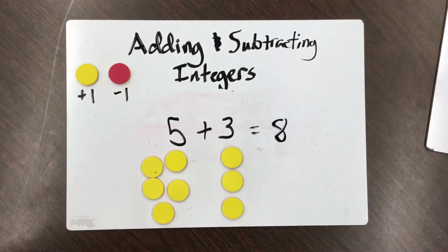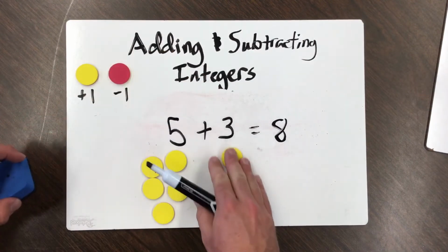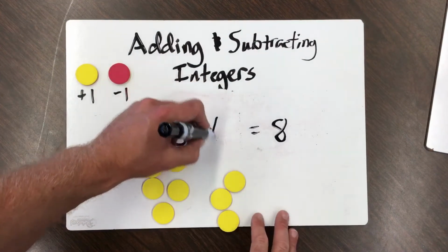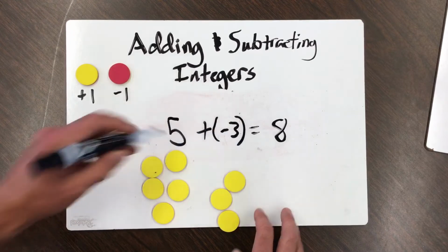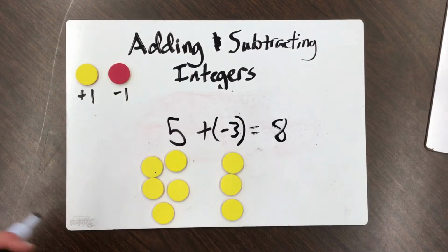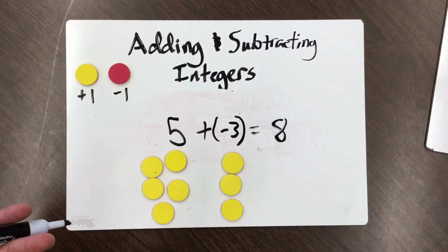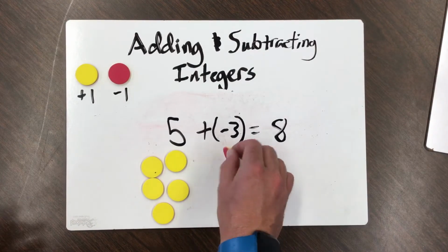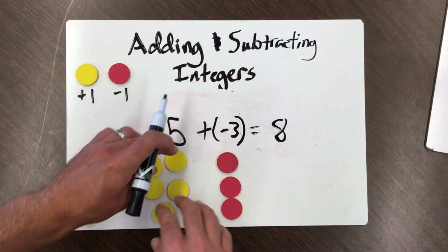Now, let's mix it up a little bit. Instead of saying 5 plus 3, let's say we have 5 plus -3. All right? Well, remember, negatives mean opposite. So what we have to do is flip over these 3 yellows so that they are 3 reds.